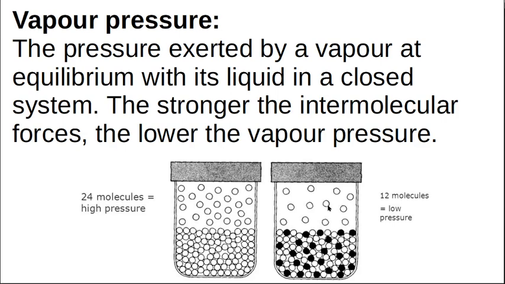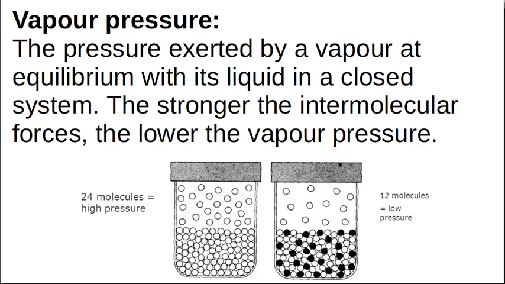So if something has a smell that we can detect, and we open the lid and we can smell it, what we are in fact smelling are these vapor particles, the liquid particles that went into the vapor, and now when we sniff, they jump up into our nose and we can smell it.